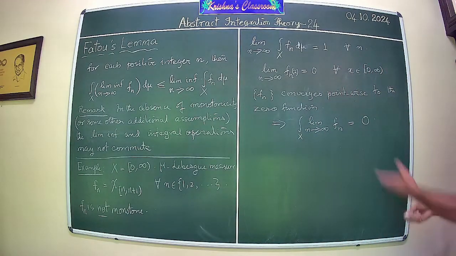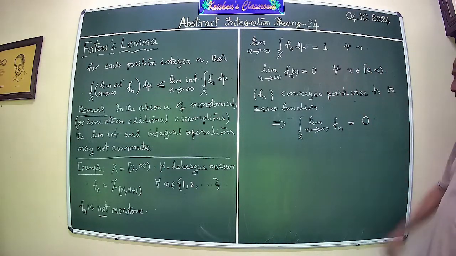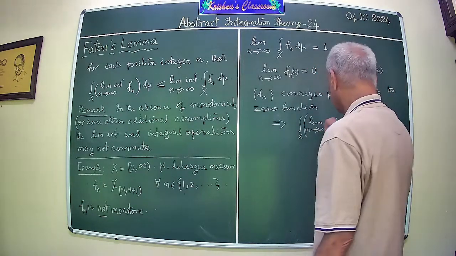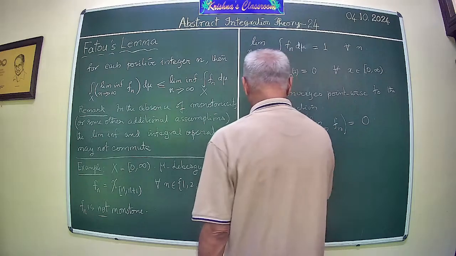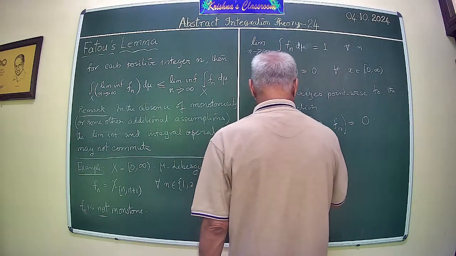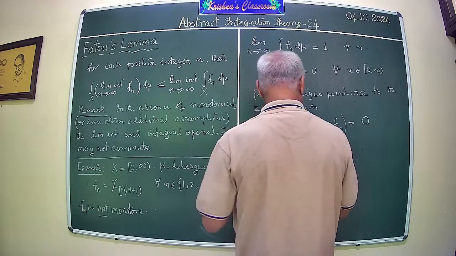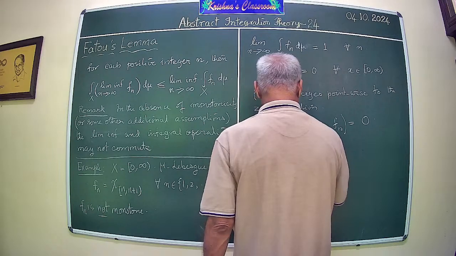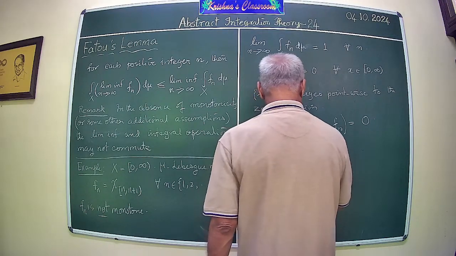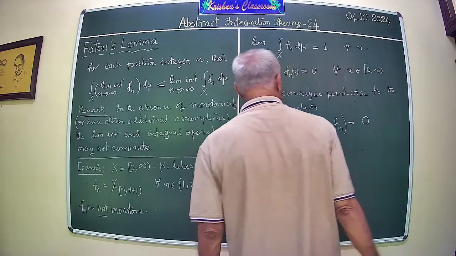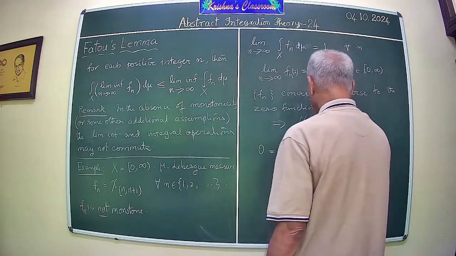So that is what this theorem says. Here in this case, limit inf and the limit are the same. So you see that we get 0. Wherever the limit exists, lim inf is the same as lim.